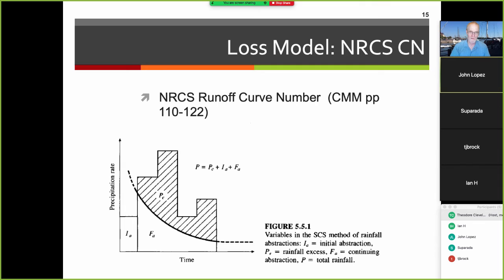They're all going to be fairly similar, and if this one doesn't make any sense to you and Chow, Maidment, and Mays doesn't, you can find something on the internet that will. Since they're all tracing back to the same original source, your personal preference, whichever makes the best sense to you, is the one to use. So let's look at this diagram.